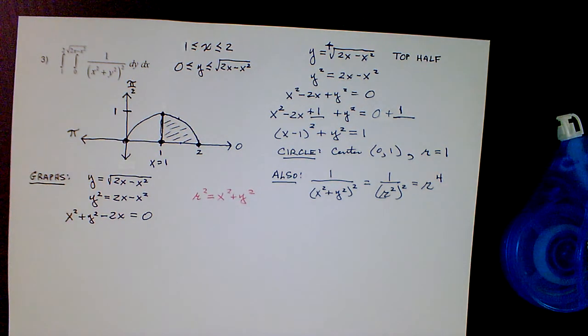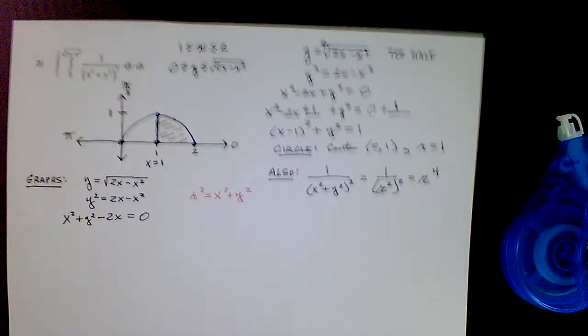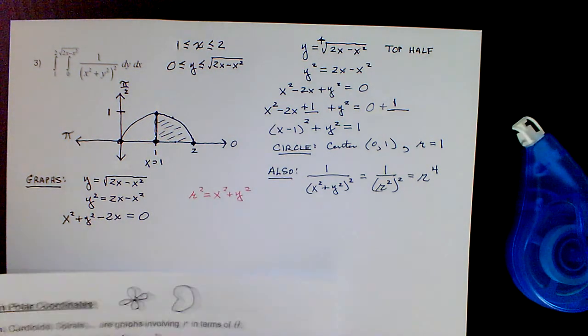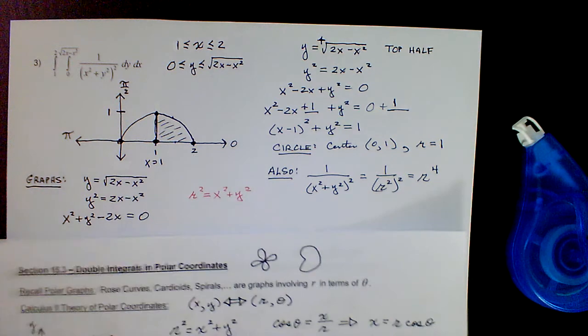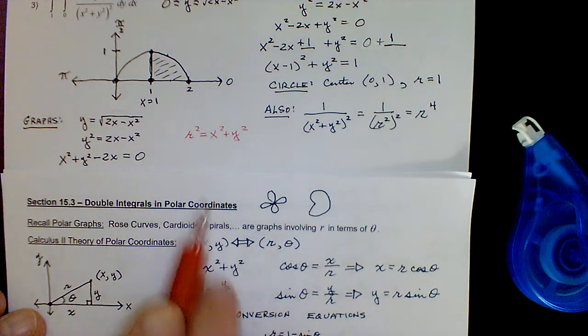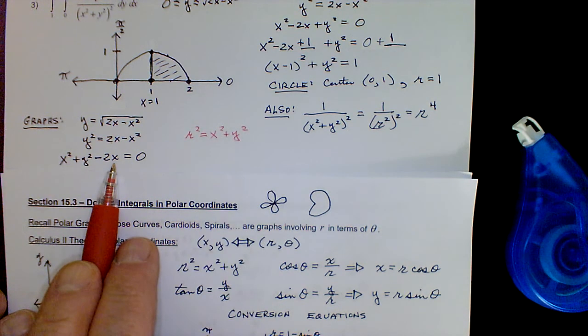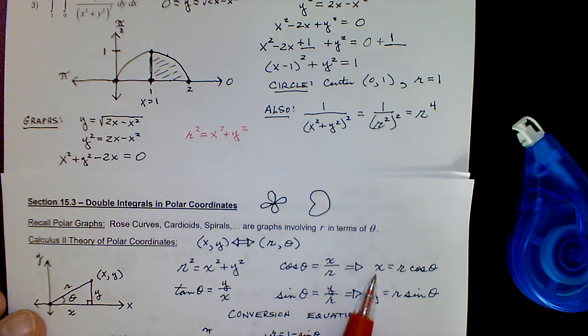So remember the conversions on the first page of notes that we went over. This was the conversions that we saw. So we're going to use r squared equals x squared plus y squared again. We also have to know what x is, and x is r cosine theta.